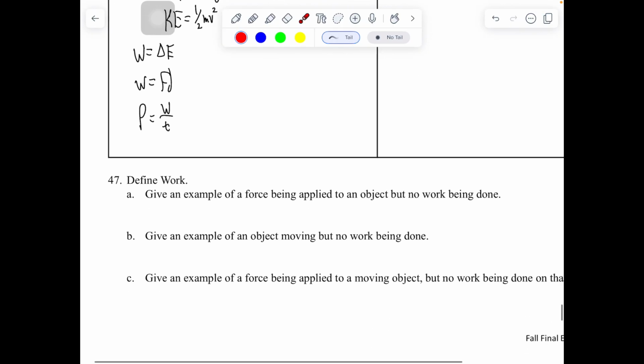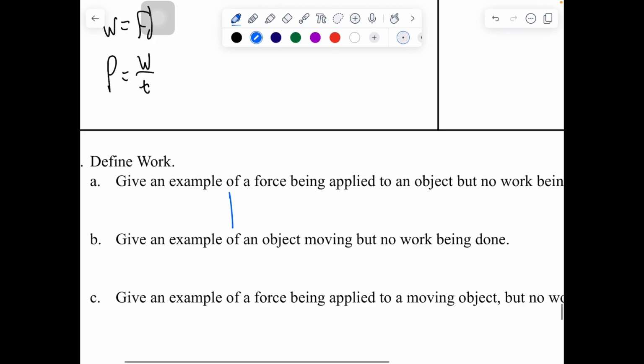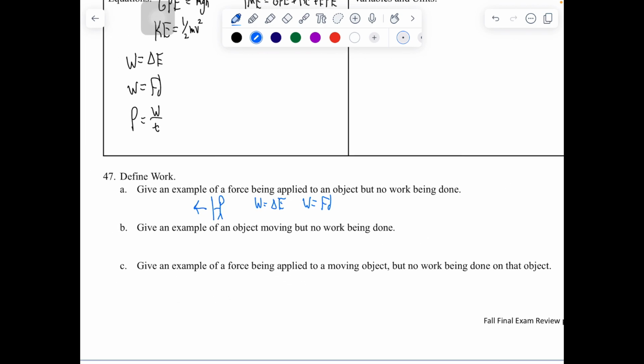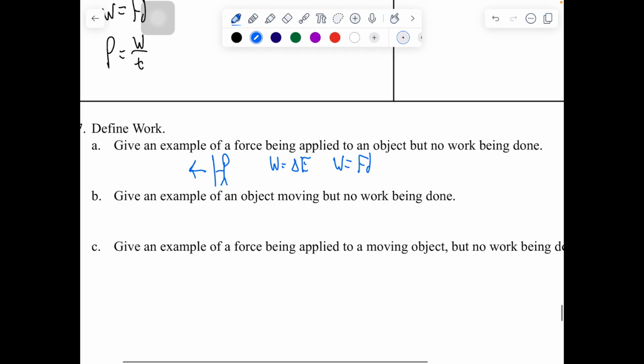Give an example of a force being applied to an object but no work being done. If you push on a wall, it is not gaining or losing energy. Furthermore, even though you're applying a force, the wall is not moving a distance, so no work is done. An object moving but no work being done.